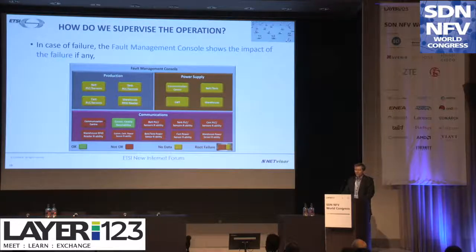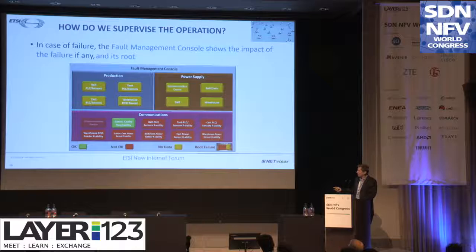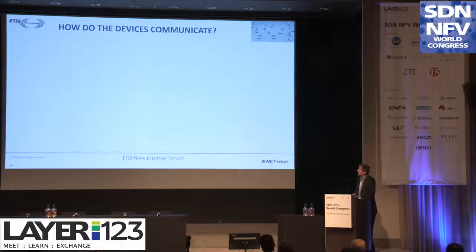So we cannot say whether it works in a perfect way or it has a problem. And it visualizes the root of the failure. So the component which contains the root of the failure will flash on the console.